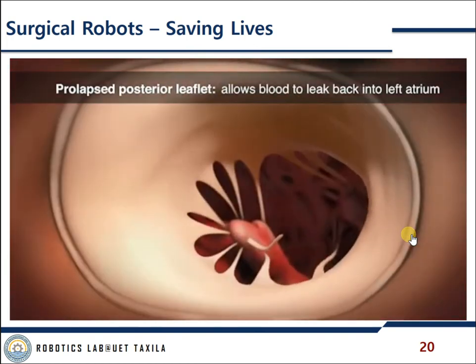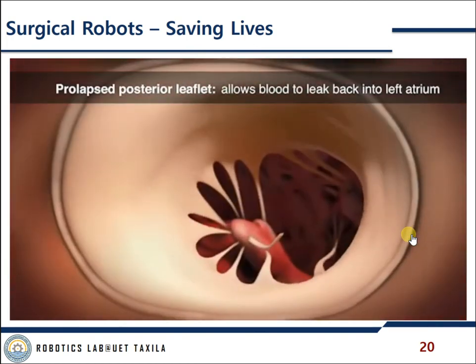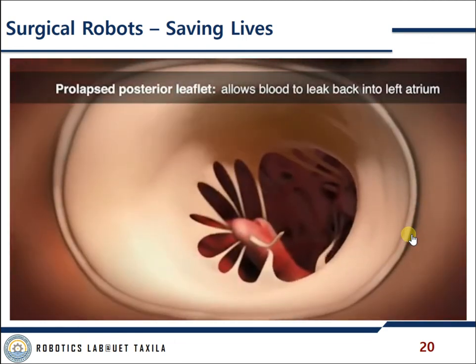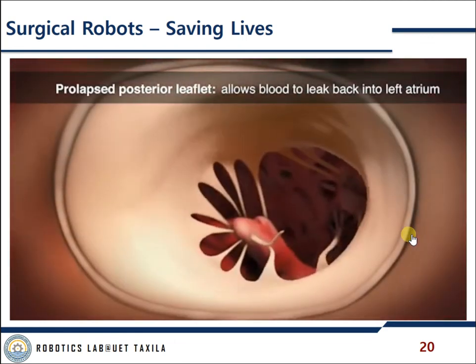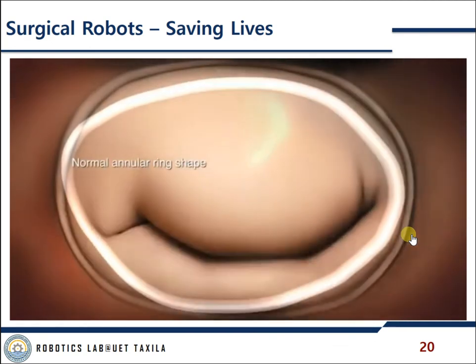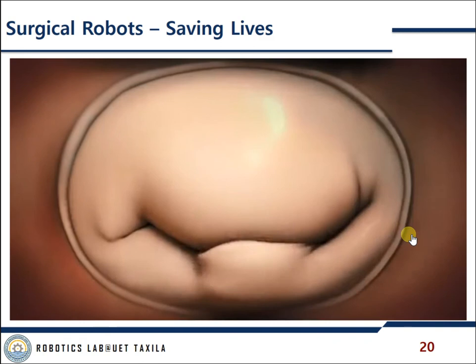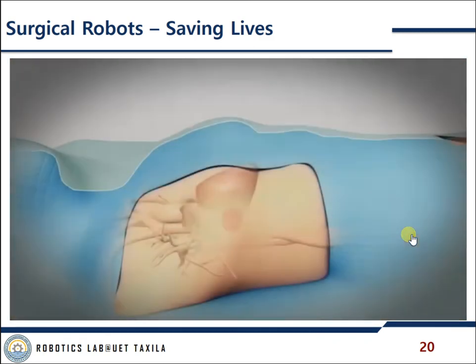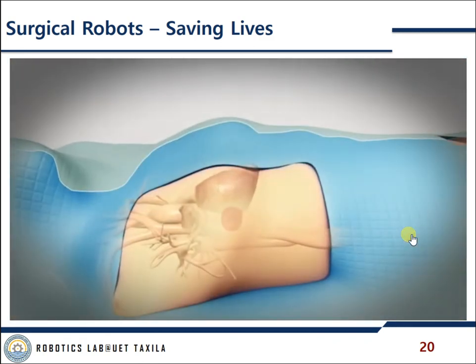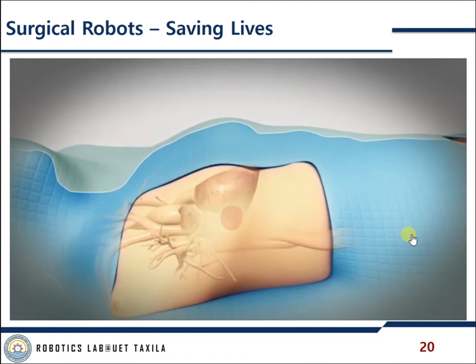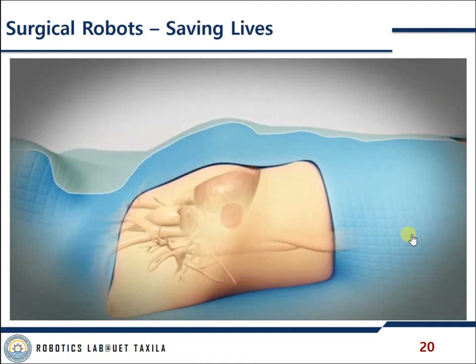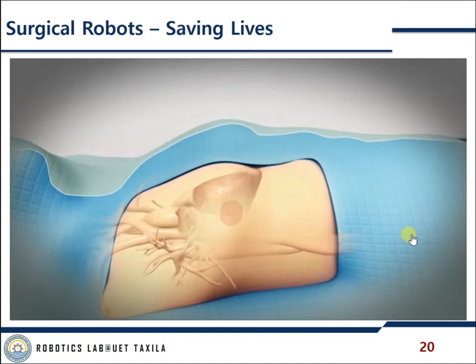The only way your left ventricle can compensate for this condition is by enlarging and pumping more volume. This causes your mitral orifice to enlarge, preventing your leaflets from closing properly. To treat this condition, your doctor may suggest a type of minimally invasive procedure called robotic mitral valve repair.